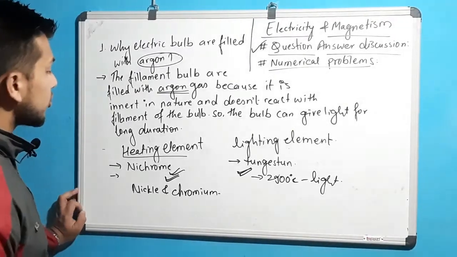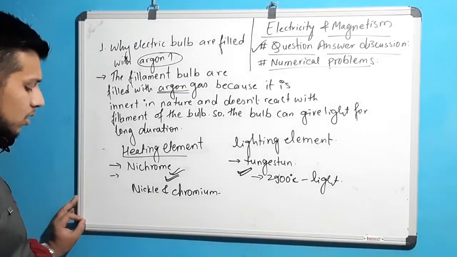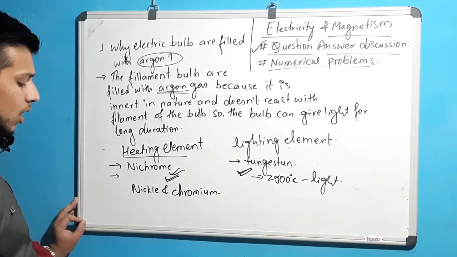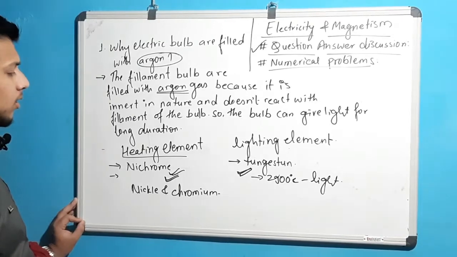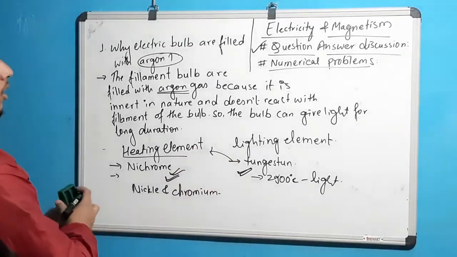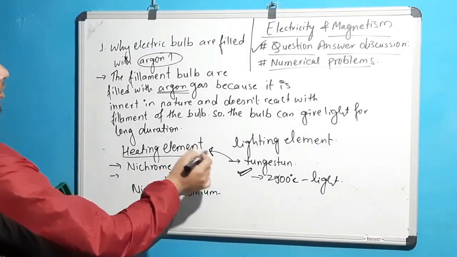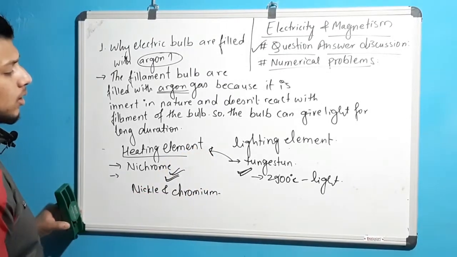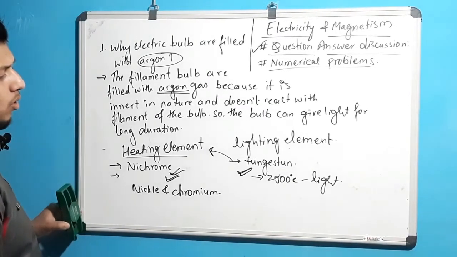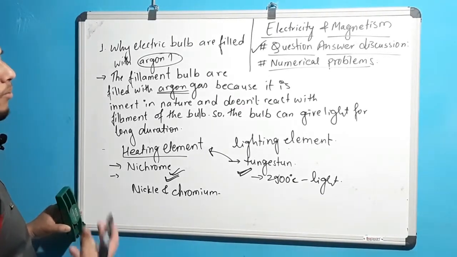So our question is, why can we not use tungsten in a heating element? Because it does not give proper heat and its melting point is low, so at high temperature it becomes melted.